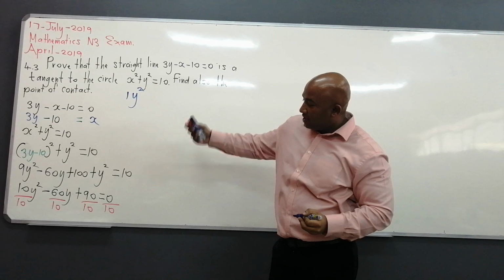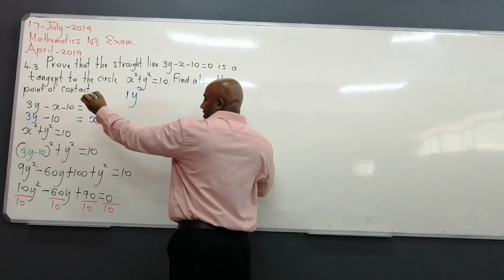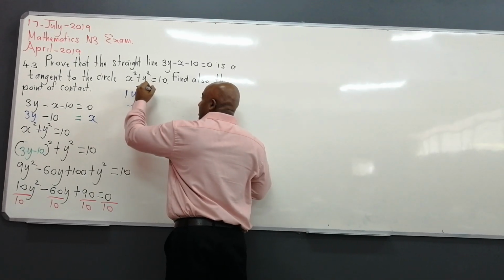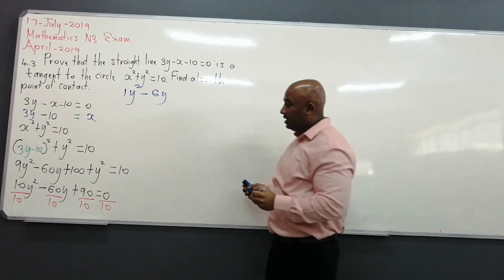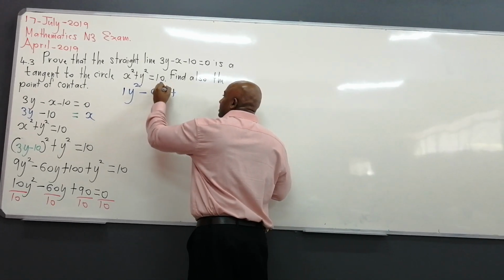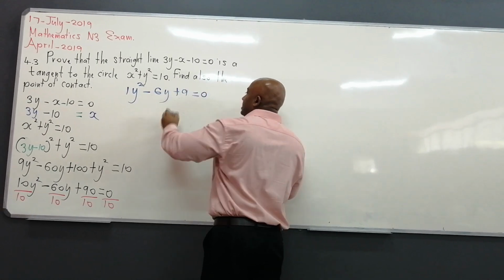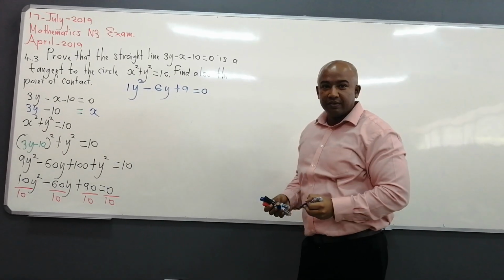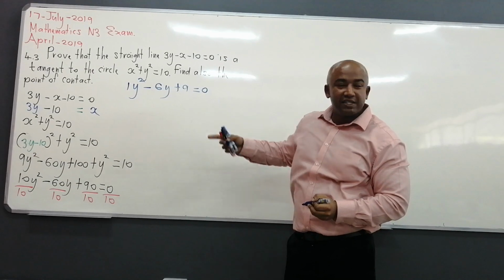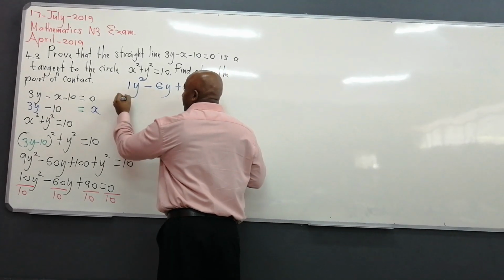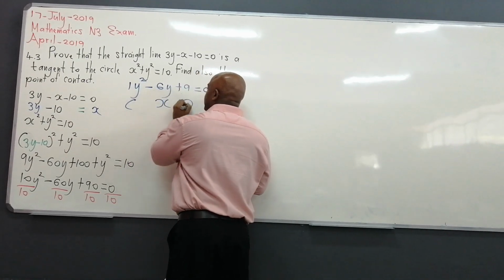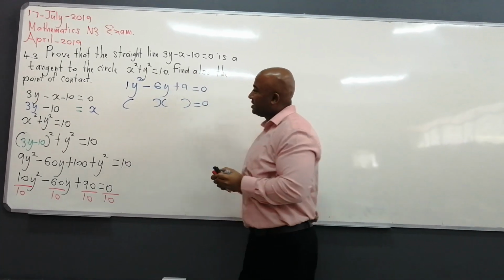And I got 60 divided by 10, which is 6, so that's minus 6y. And then I got 90 divided by 10 there, which is 9, equals to 0. Okay, now we can factorize this trinomial. Y squared minus 6y plus 9. So if I factorize this, what are the factors here?